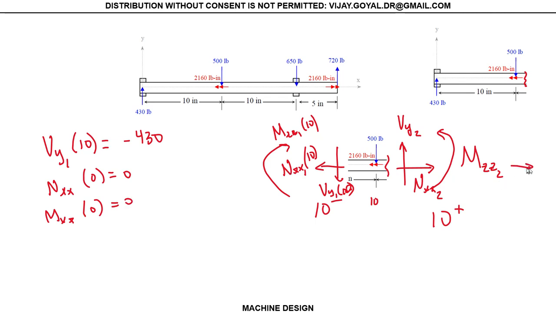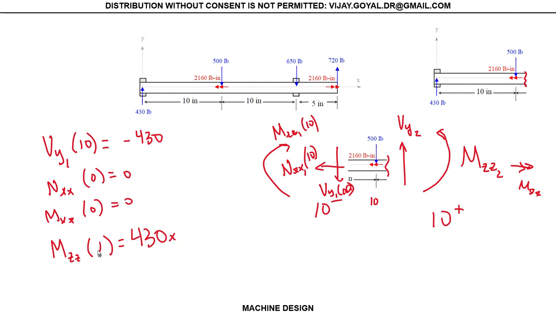I'm going to have a Mxx. Simplify, I'm going to eliminate this. Since we don't have any axial loads, it will actually give you 0. Then you have Mzz at 0. We said that was equal to 430 times x.